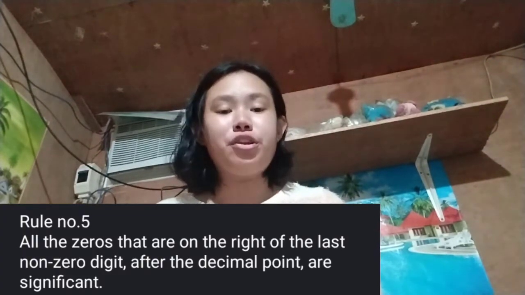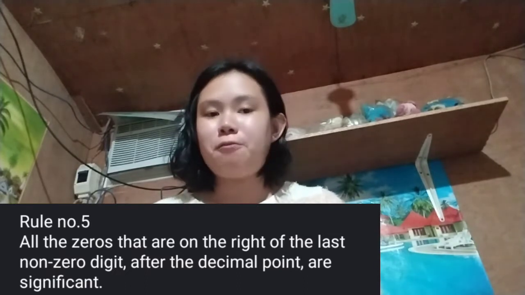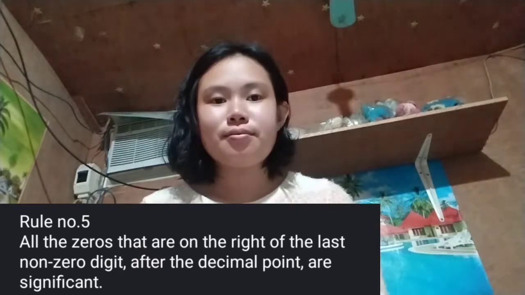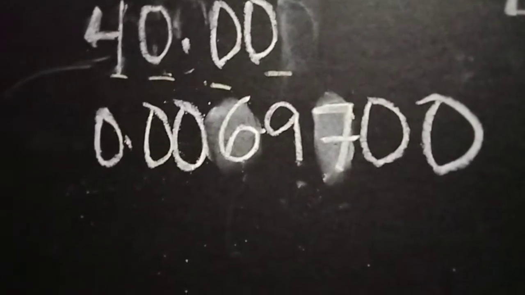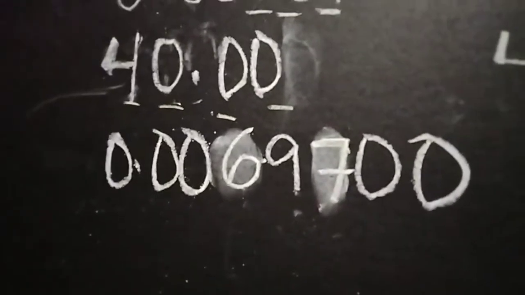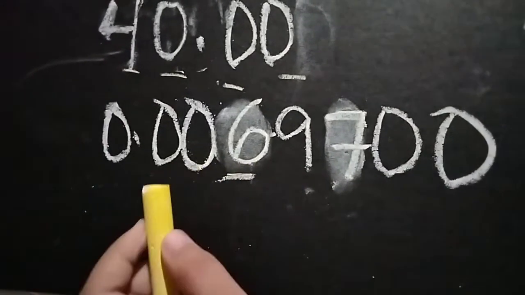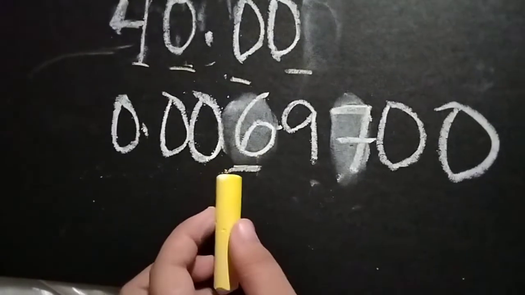For the 5th rule of significant figures, all the zeros that are on the right of the last non-zero digit after the decimal point are significant. In our 5th example, we can see this is the non-zero number.